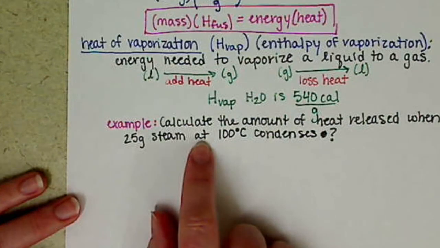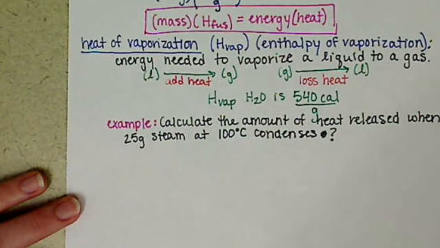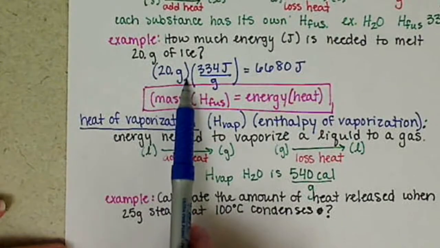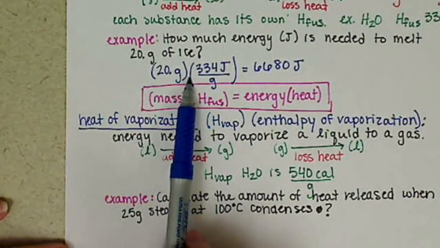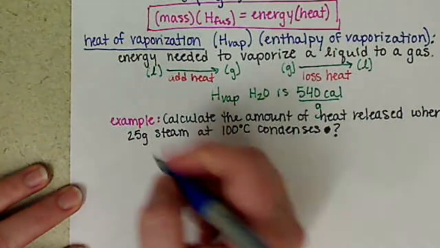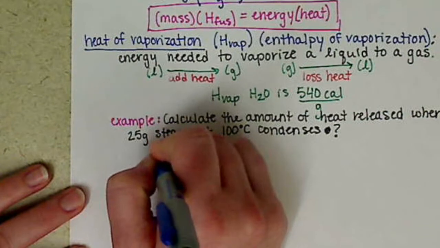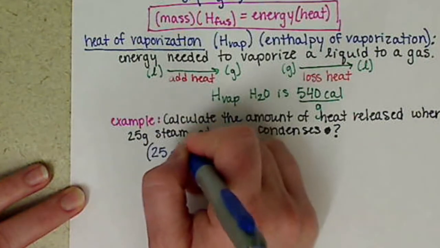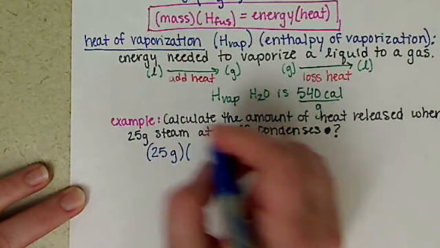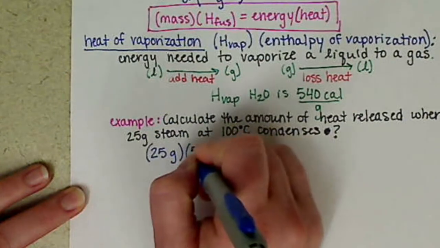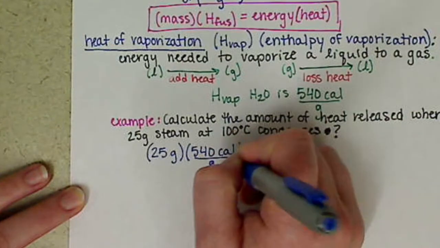But for this problem, we're going to follow the same calculation that we did above for our heat of fusion. We're going to take our mass, our 25 grams of water, and multiply it by our heat of vaporization, 540 calories per gram.